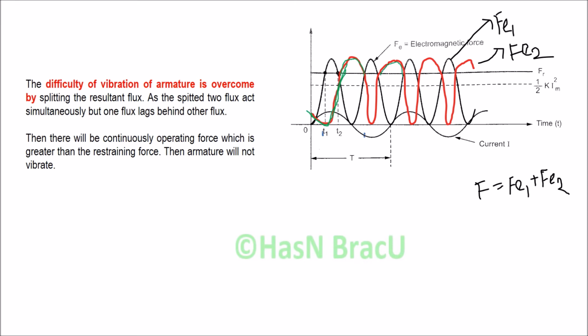Before, we have seen there was no operating force in this instant, but if we introduce another flux which lags the other flux, then there will be operating force in the gap, and this relay will operate all the instant. And finally, this will close the trip circuit and there will be no vibration of the armature.